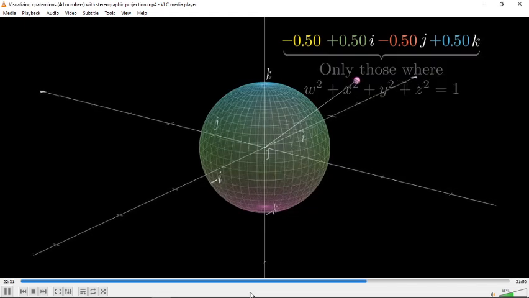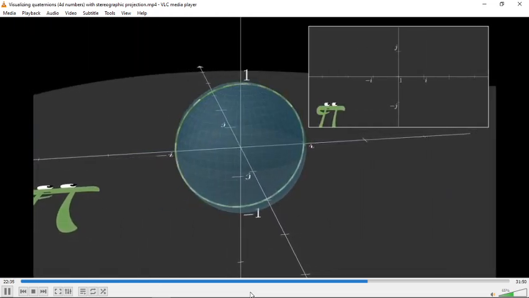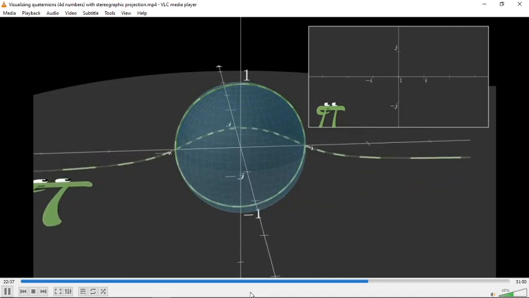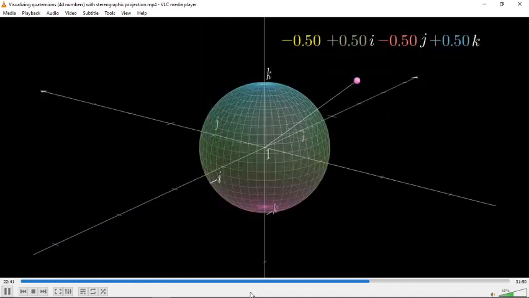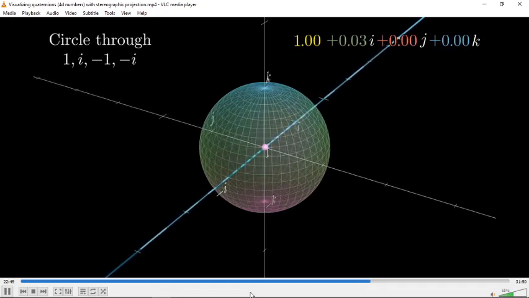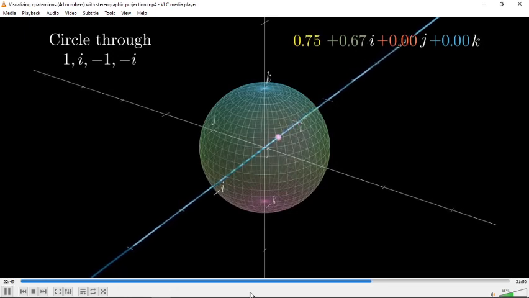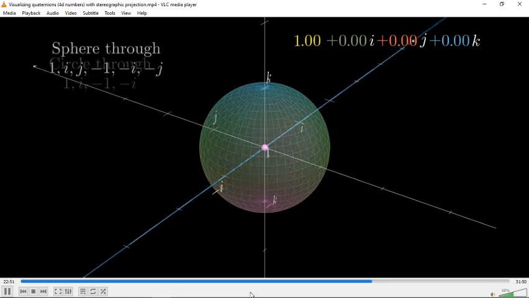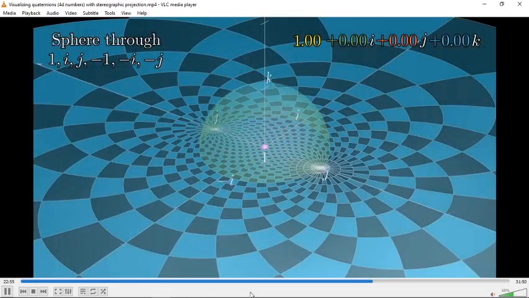In the same way that for Felix, the circle passing through 1, i, -1, and -i got projected into a line through the origin, when we see this line through the origin, passing through i and -i, we should understand that it really represents a circle. Likewise, up on the hypersphere, invisible to us, there is a unit sphere passing through 1, i, j, -1, -i, and -j.